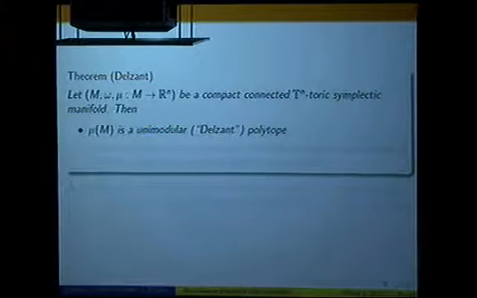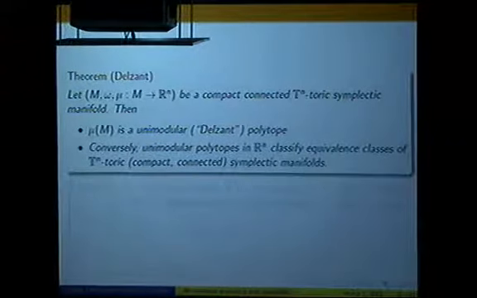It's unimodular. And because Delzant was the first one that symplectic geometers learned this word from, they started calling them Delzant polytopes. But I think unimodular polytopes have been around way before Delzant. And they show up for other things. So I'll stick to unimodular even though it's not the most popular choice in the literature.